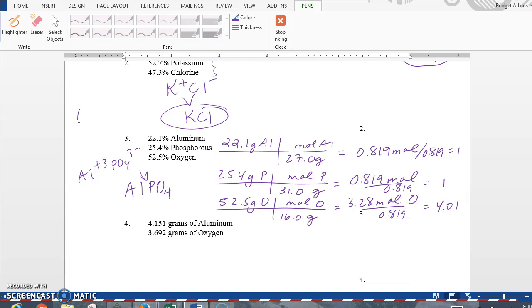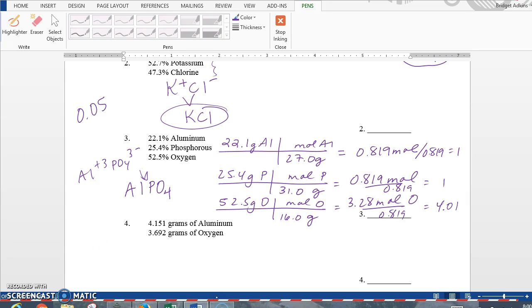Now I say that, and students are like, well, what do you mean by 0.05? Well, if you add 0.05 to this number, it's still pretty close to being a whole number. If you got something like 4.5, you can't round that and say that it's 5 or say that it's 4. So that's when you have to do the last little part of the jingle, which is multiply till whole.